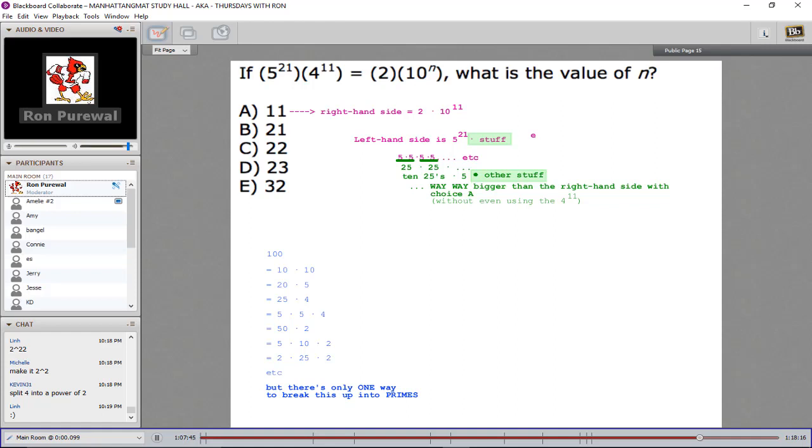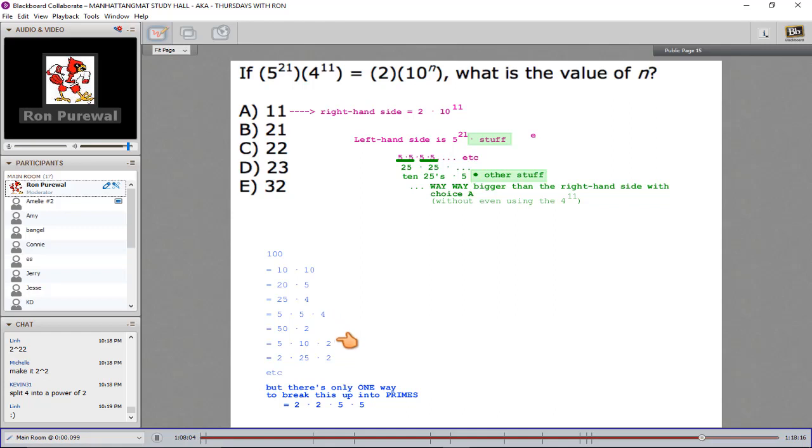This is the whole point of prime factorizations. The left-hand side is kind of like if I broke up 100 like this, and the right-hand side is kind of like if I broke up 100 like that.